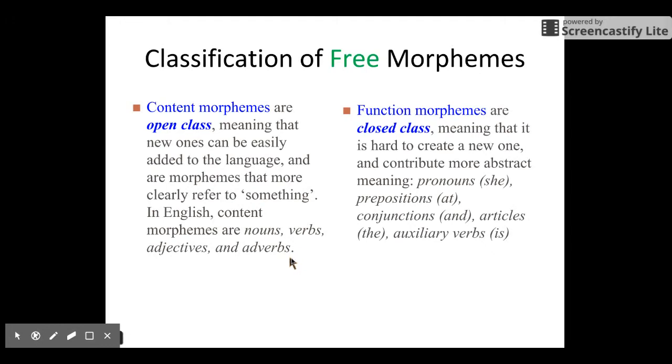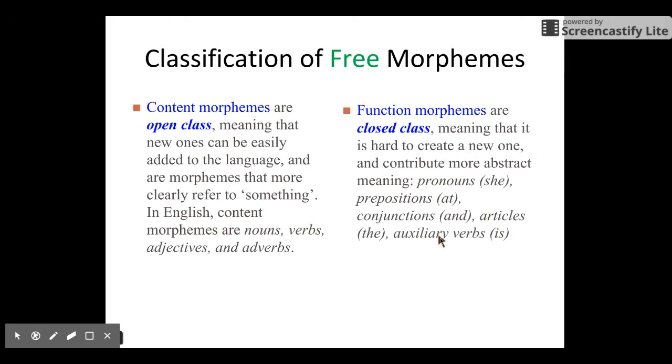On the other hand, we have function morphemes, which are closed class, which means that it is hard to create a new one, and they contribute more abstract meaning. So, for example, in English, we have pronouns, prepositions, conjunctions, articles, and auxiliary verbs.